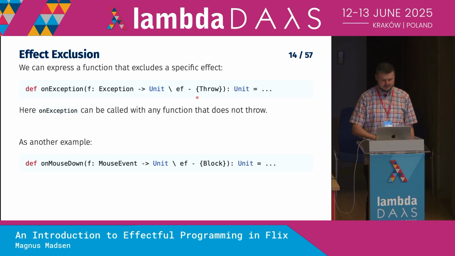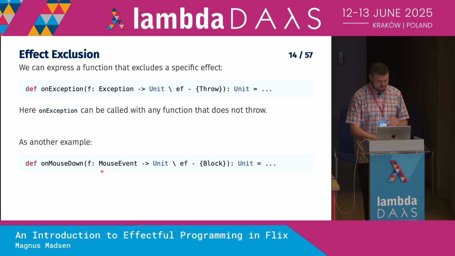Now how should such an effect be understood? Well, you can choose ef any way you want, but we're going to subtract throw. In other words, this means that f here can do whatever it wants, but it just cannot throw. So it could be a pure function, it could print something, it just can't throw. This we call effect exclusion.